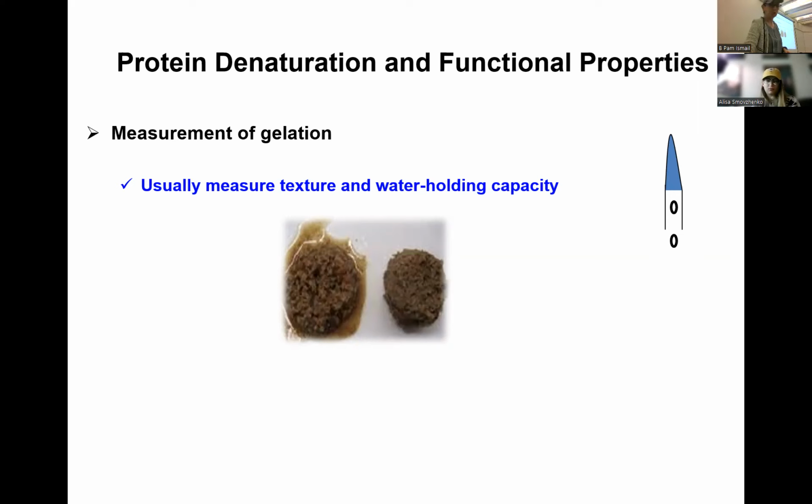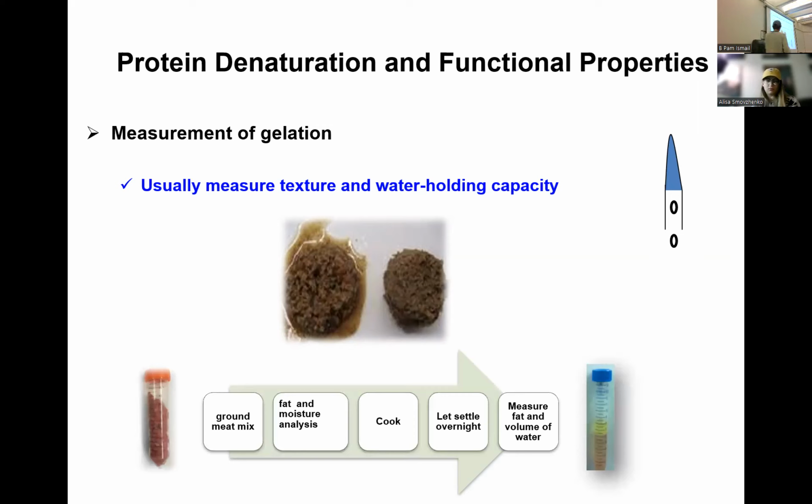One of my former students did that with a beef patty using whey protein. You add your mix and determine fat and moisture, and then you cook, let it settle, measure the water and oil separated, and then you can calculate water holding capacity in an actual food matrix.